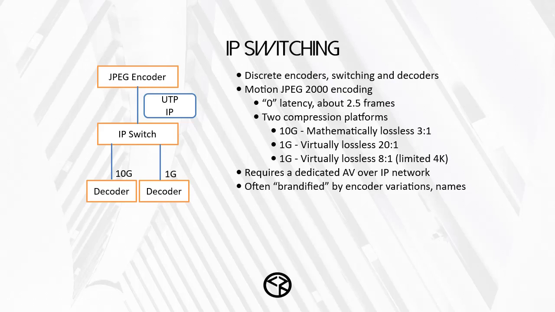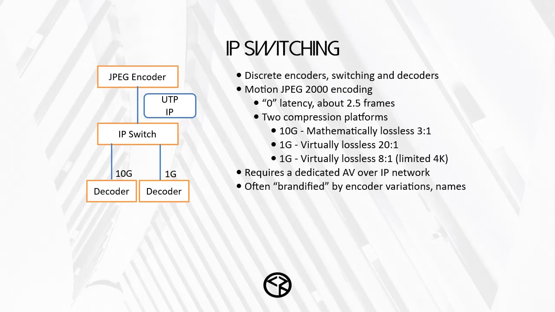And there's actually three compression platforms. One is 10 gigabit systems, and they're mathematically lossless, is the term used, generally using a 3-to-1 compression scheme. So again, that 18 gig is being compressed down to 6. 1 gig systems are based on keeping with standard 1 gig network cable, standard 1 gig network switches.